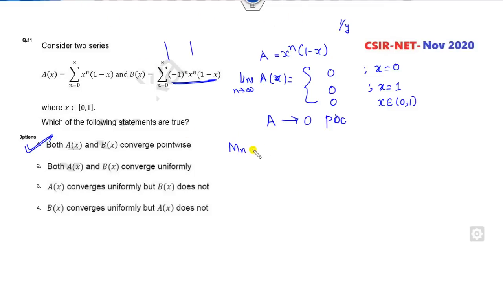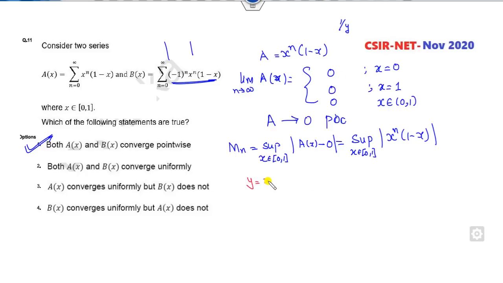We always apply the Mn test. Mn is the supremum over x in [0,1] of |An(x) minus the pointwise limit|, and the pointwise limit is 0. So what is that? Supremum of x raised to power n times (1 minus x) on [0,1]. Now you can check the limit.